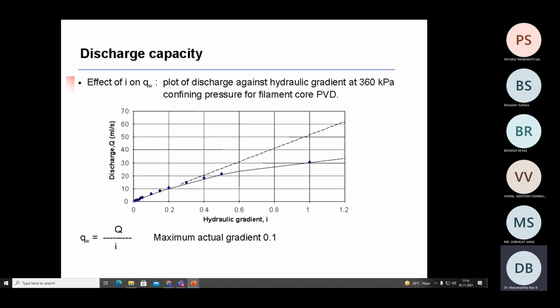Once the product is out, they will try to measure its discharge capacity by relating the total discharge in cubic meter per second versus the different hydraulic gradients maintained. From this graph you can see that as long as the hydraulic gradient is 0.1 or less, the PVDs perform very well. Beyond that, their performance drastically decreases. Therefore, when you use the PVD, ensure that the hydraulic gradient does not exceed 0.1.